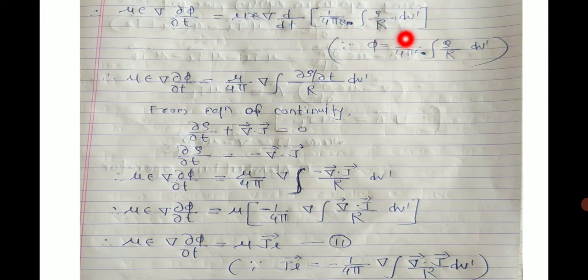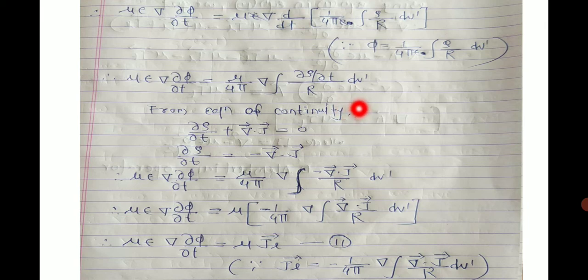Then we put the value of φ. Then ε and ε get cancelled, and the remaining 1/4π is separated out, so μ/4π ∇ ∫, and this d/dt will multiply on the integral, giving ∂ρ/∂t divided by r into dV'.